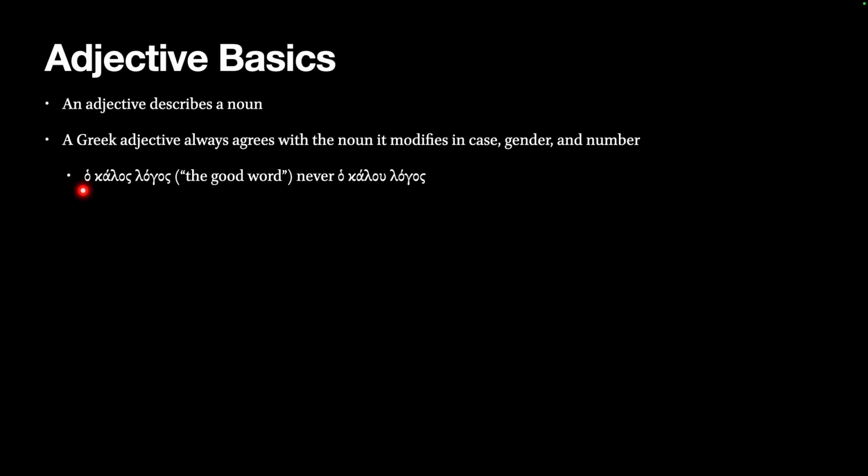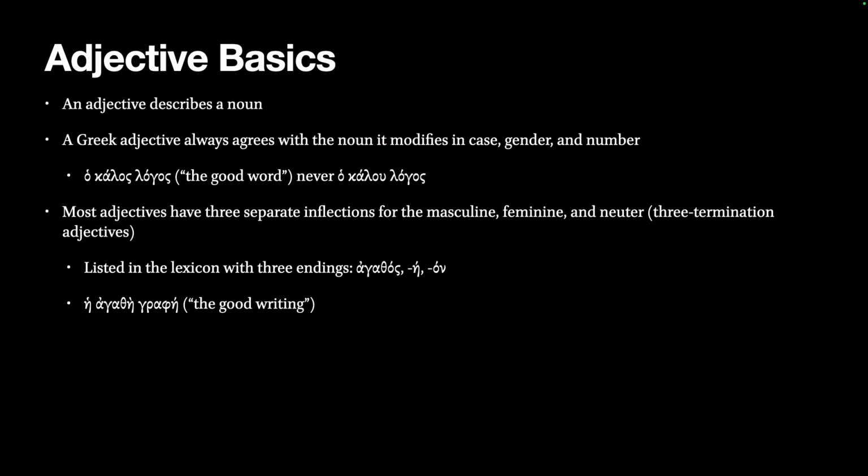So by simply knowing the case, gender, and number of ho here, we know the case, gender, and number of all three words. And over here, we're never going to have something like ho kalou logos, where kalou would be in the genitive masculine singular, and these two would be in the nominative masculine singular, because a Greek adjective is always going to match the noun that it's going with in case, gender, and number.